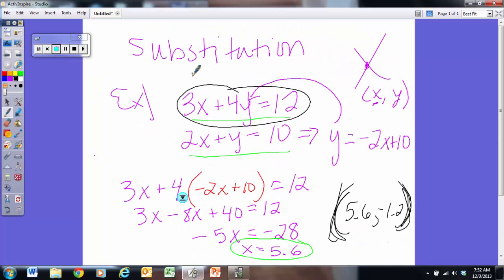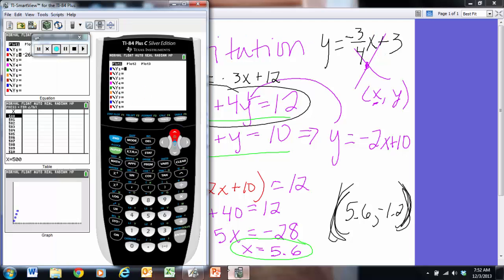I'm going to subtract 3x. Divide by 4. So negative 3/4 x plus 3. So in y equals, I'm going to use my alpha y equals fraction because I like it.